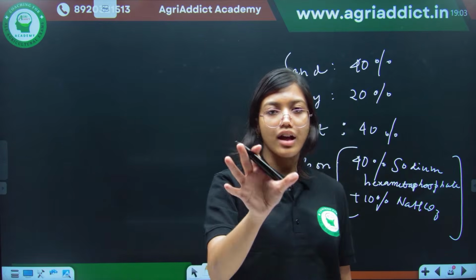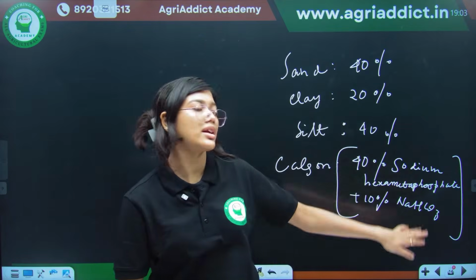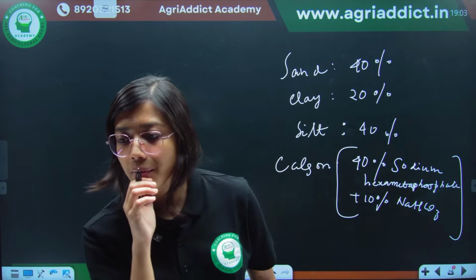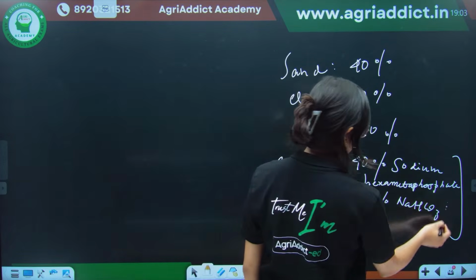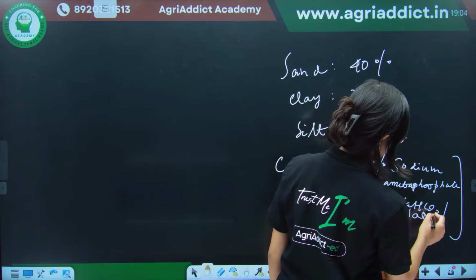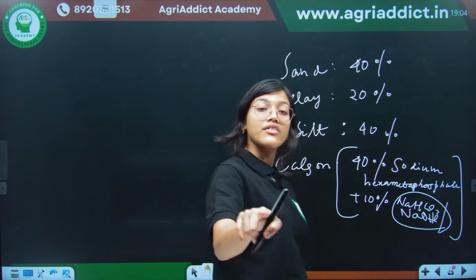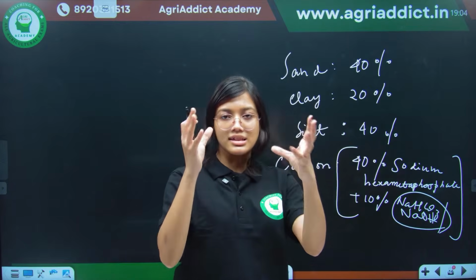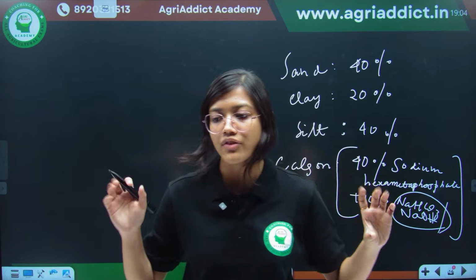So if you have 100 gram, then 40% will be made up of sodium hexametaphosphate and 10% will be made up of sodium hydroxide might also be there. Bicarbonate we can also use, or we can even use carbonate. So these three we can use for calgon. But the basic component is sodium hexametaphosphate.